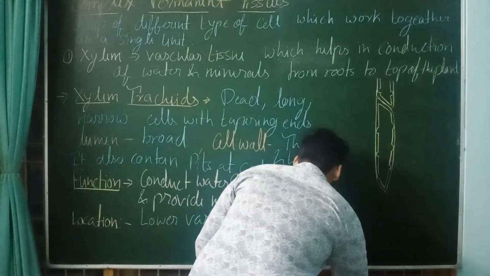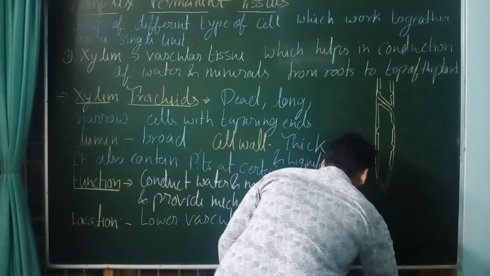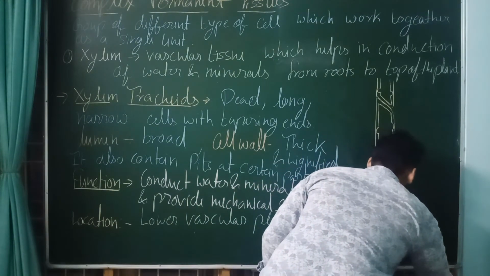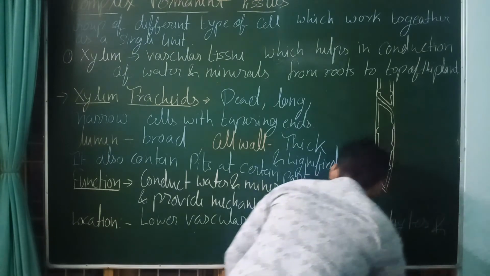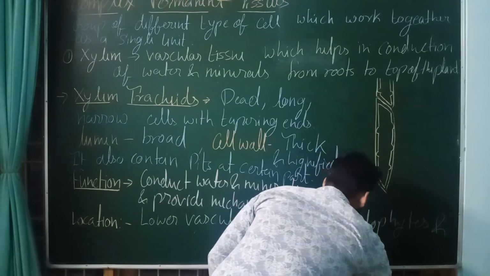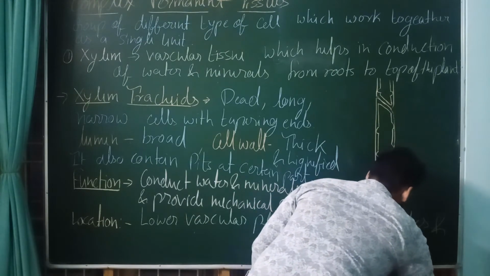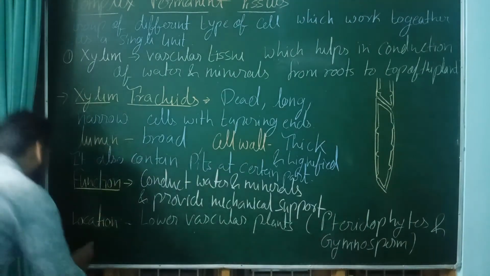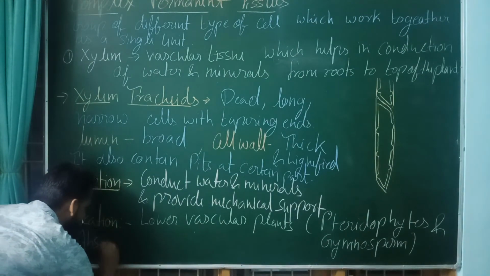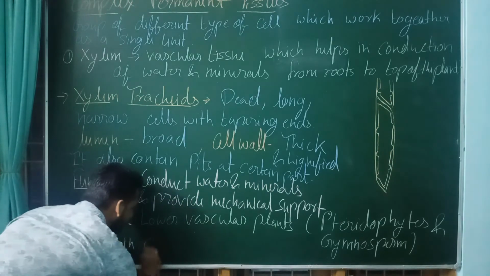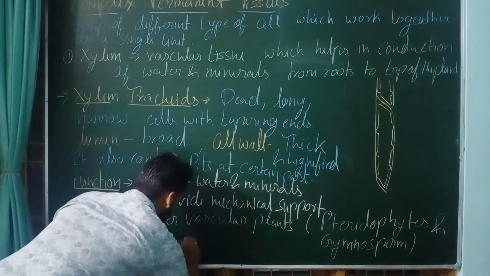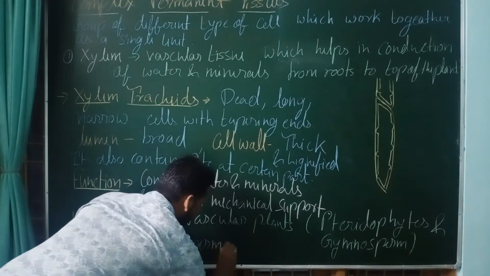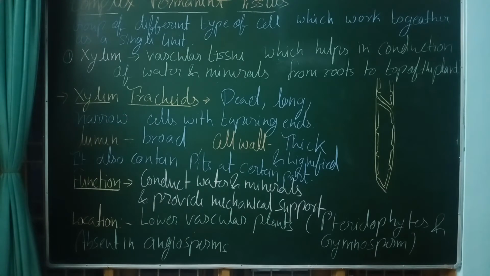If you want to write, you can write. And they are absent in angiosperms. Angiosperm means flowering plants, because they are more advanced and they contain xylem vessels.